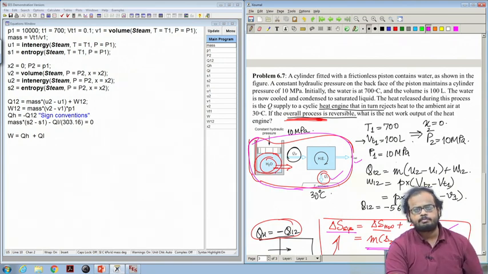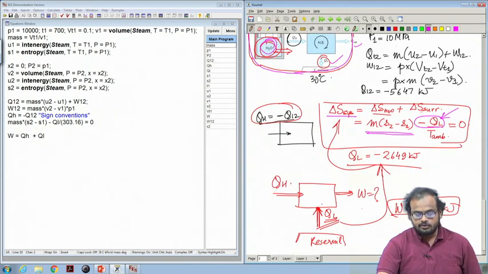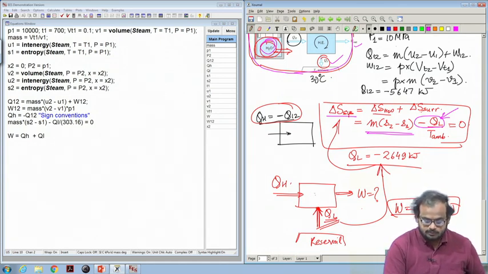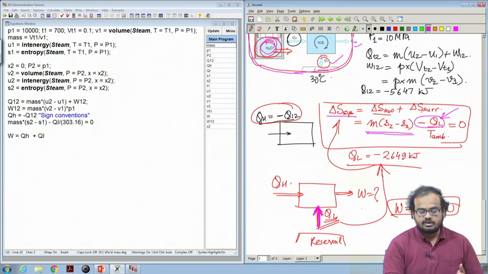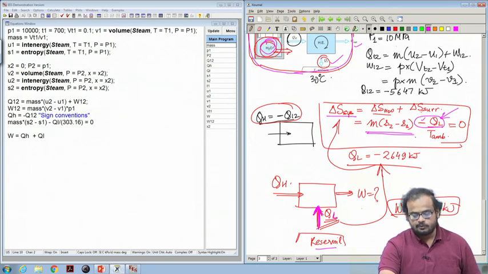It is a constant pressure process, we do not need to really bother about that. As soon as I know states 1 and 2, I know what the change in entropy of the water is. Now because there is a heat interaction with the ambient, if the system is absorbing an amount QL, then the reservoir is losing an amount minus QL. Hence it comes over here.